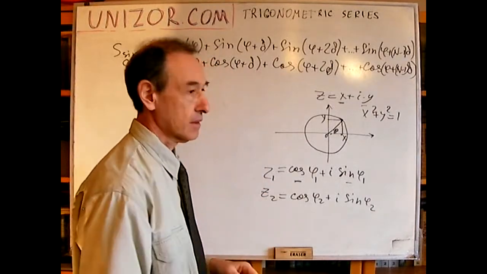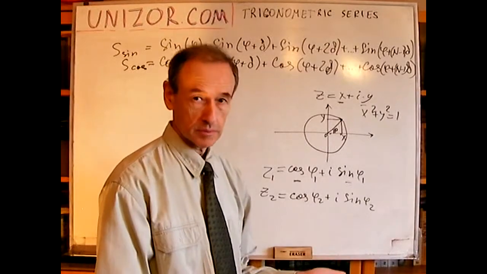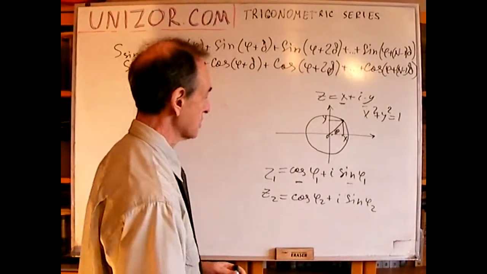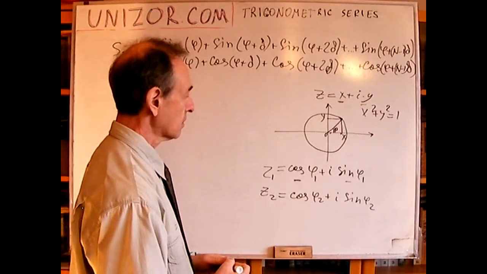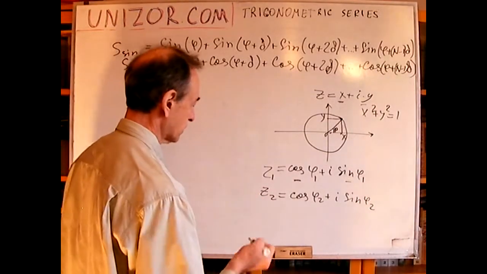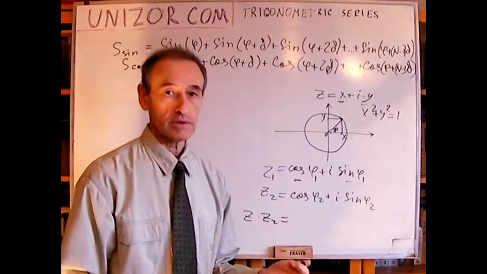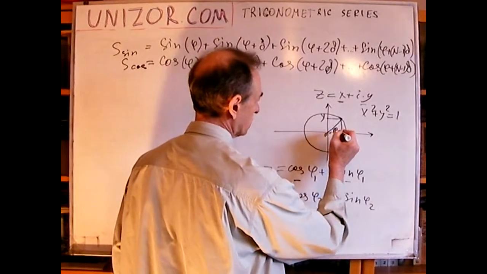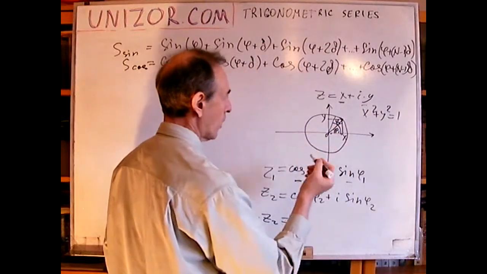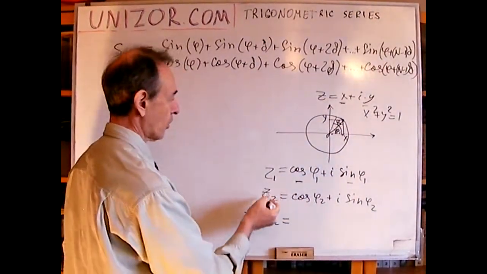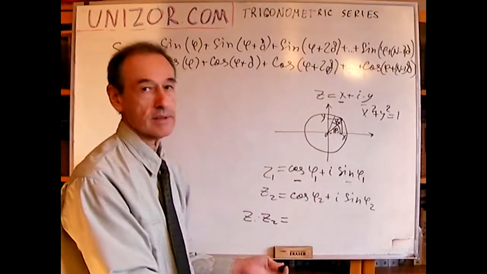Now, obviously, their product also has modulus 1, because the modulus of the product of complex numbers is the product of moduli, so it's 1. Now, where exactly will this particular product be on this unit circle? So if this is angle phi 1, this is angle, let's say, phi 2, where exactly is the product of these two numbers? Well, let's just multiply them, right?